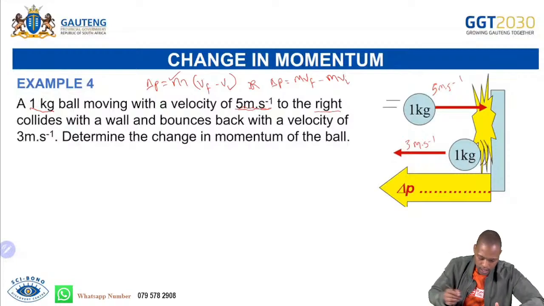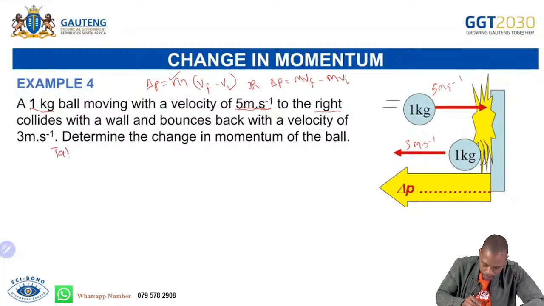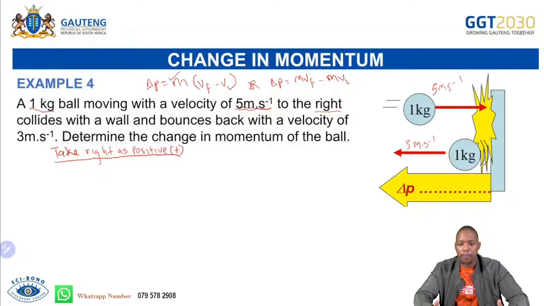Here, I can simply say, take right as positive, and underline it. Every time before I attempt a question that has momentum in it, I need to take direction. I cannot attempt without taking direction because mistakes will be made and answers will be wrong. It's important that we take direction, grade 12.